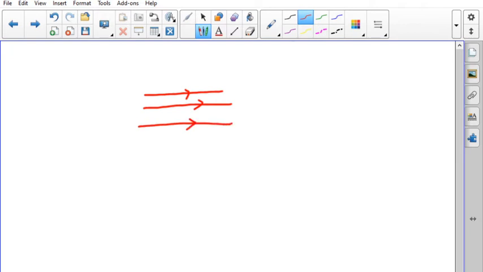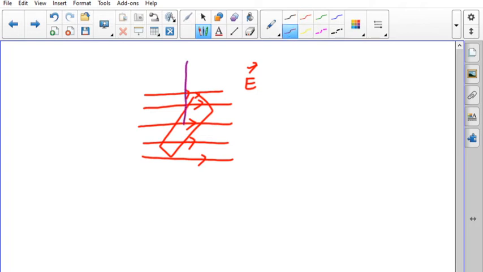Okay, now in general, how to express this? This is E vector and we need to write what is phi E. So here we place an area which is inclined at an angle. Here it is represented by n cap.